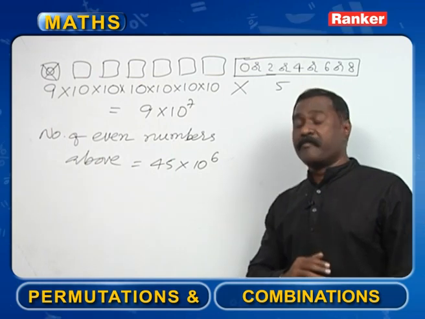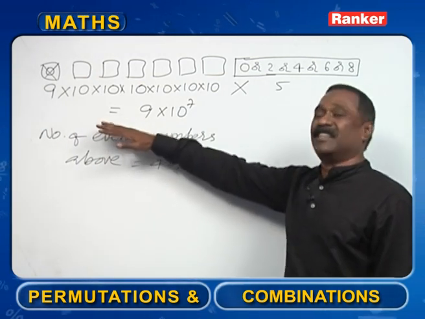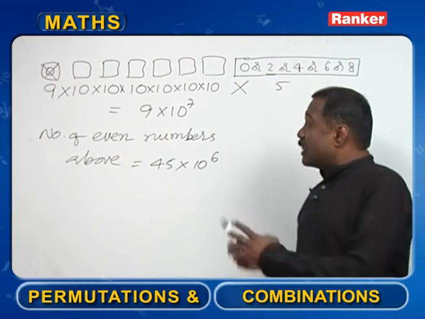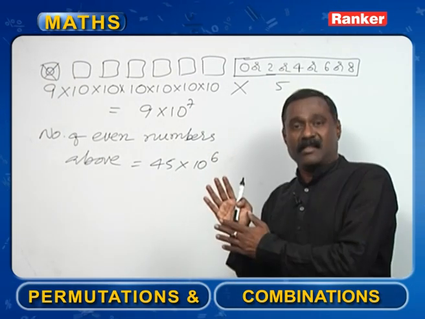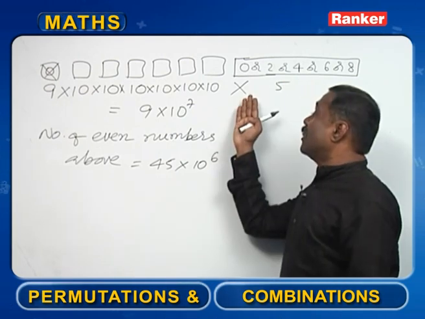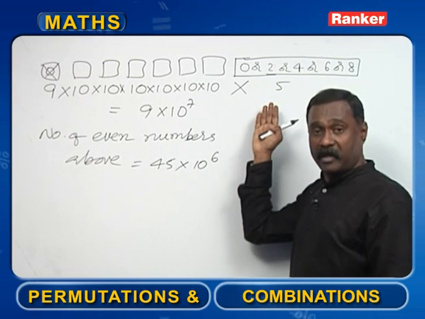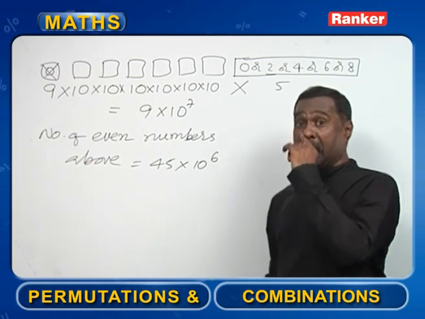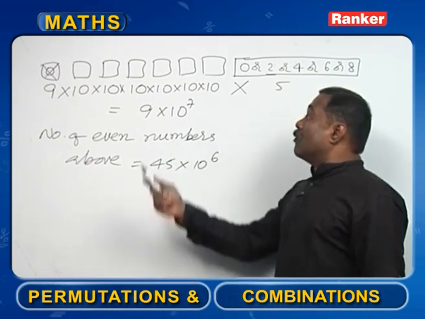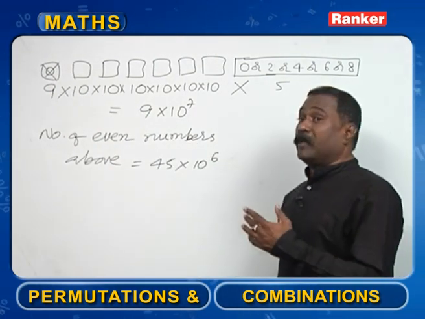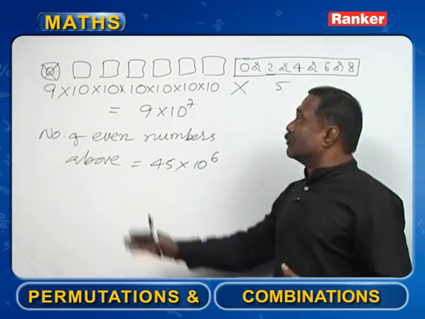I just want to tell you how that principle of counting can be used in this case. It changes according to the need. Here you need an even number, that is why it is filled in 5 ways, and if you need an odd number also, it should be filled in 5 ways. And you will get some questions like this: how many numbers will there be whose sum is even?